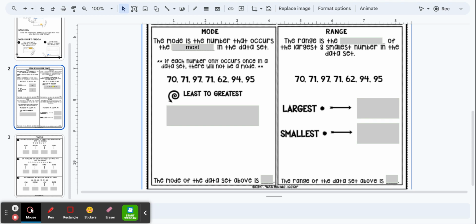But if there happens to be a set of numbers where each number only occurs once, that's what this little side note says, then there will be no mode.